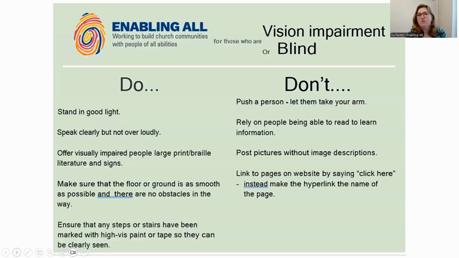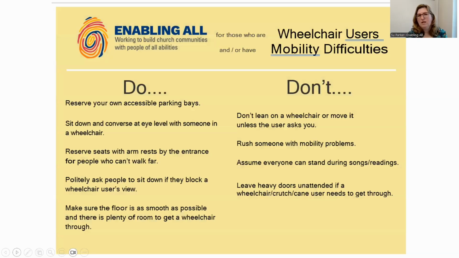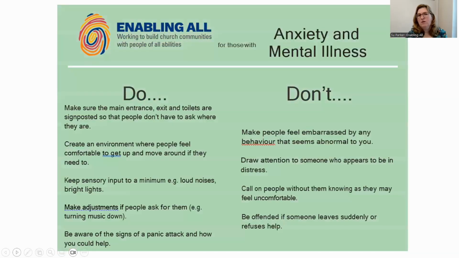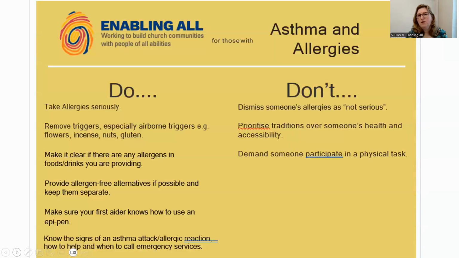And it continues through vision impairment, autism, neurodiversity and cognitive disorders, mobility issues, wheelchair users, those with anxiety and mental illness, those with dementia, and those with asthma and allergies.